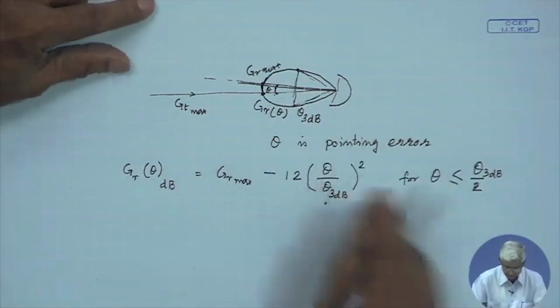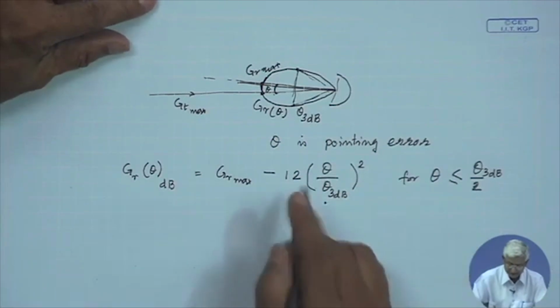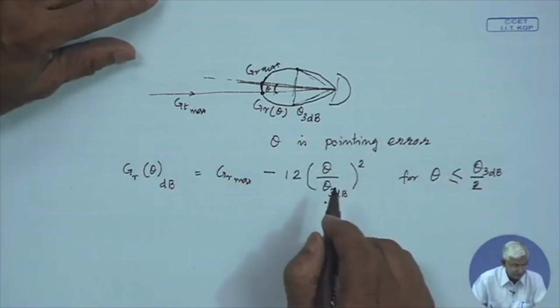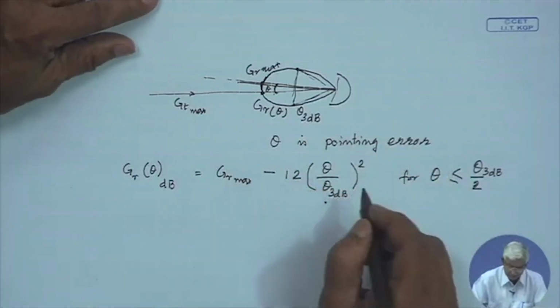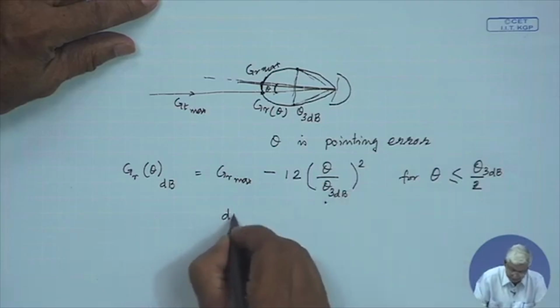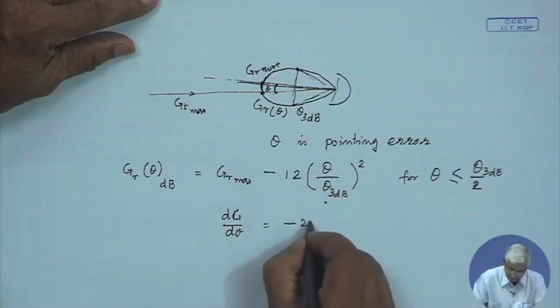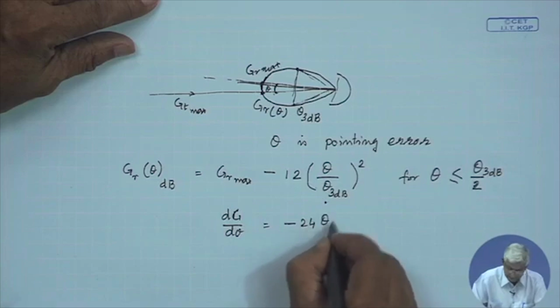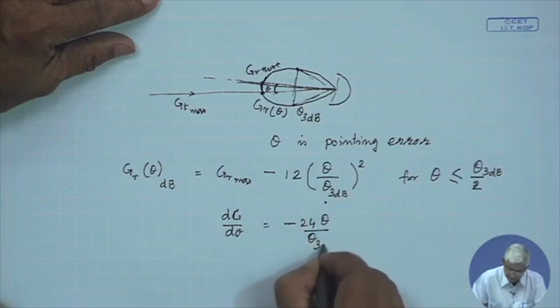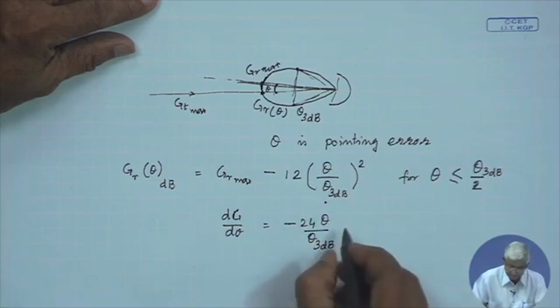This is just a model. All antennas are not ideally like that, they may have different shapes, but just as a thumb rule. So, the gradient dG by d theta, differentiating that, we get minus 24 theta by theta 3 dB squared.